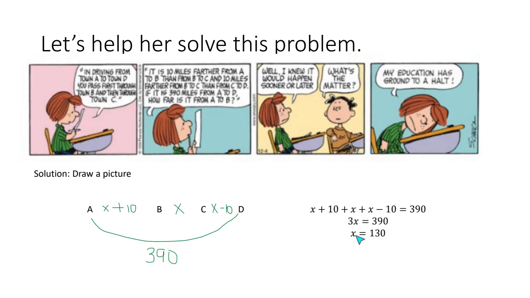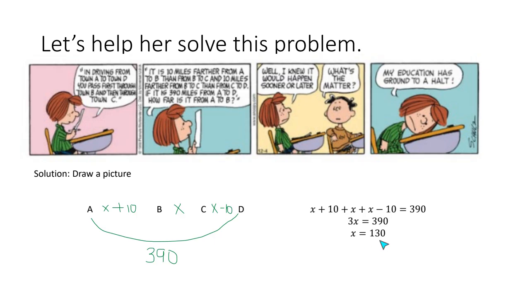So you want to go back, because they want to know how far it is from A to B. So we want to know what this is. Sometimes when we're doing problems like this and we solve for X, we think that we're done, right?